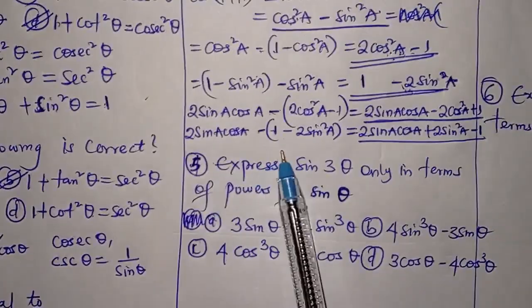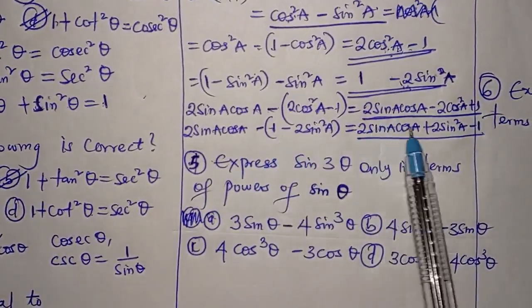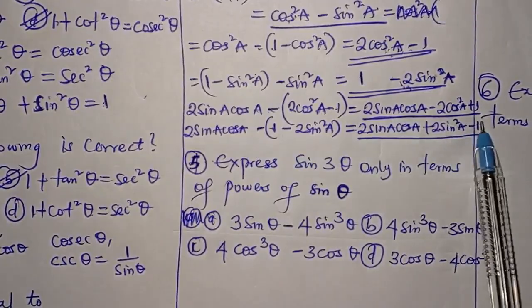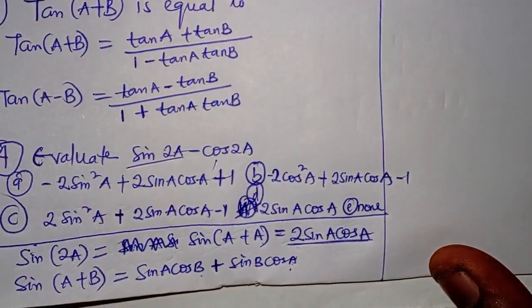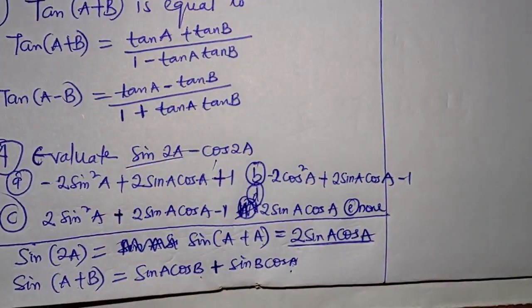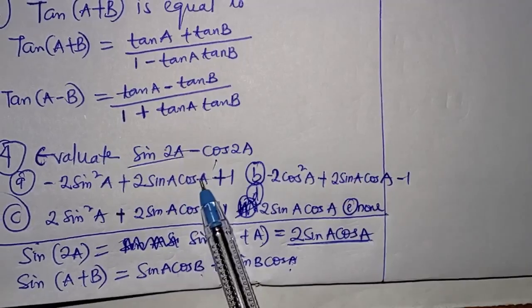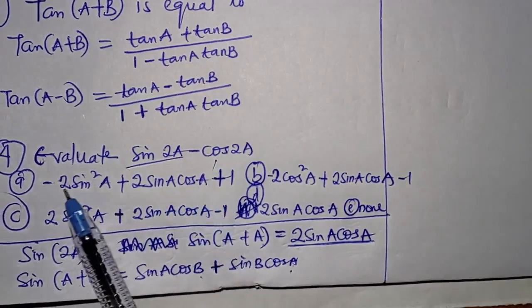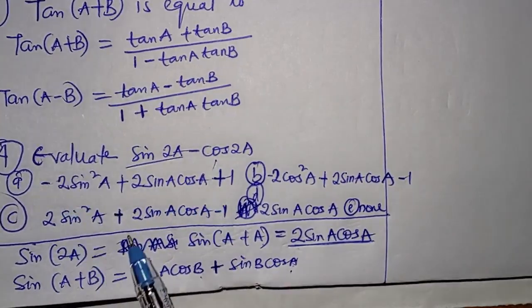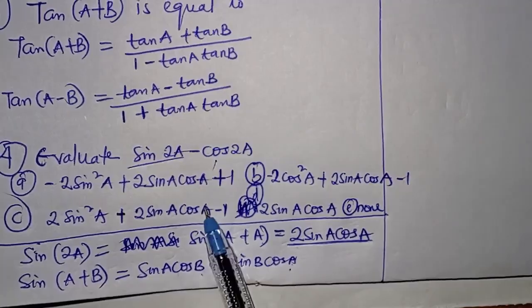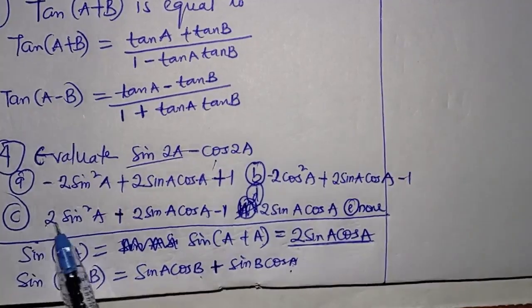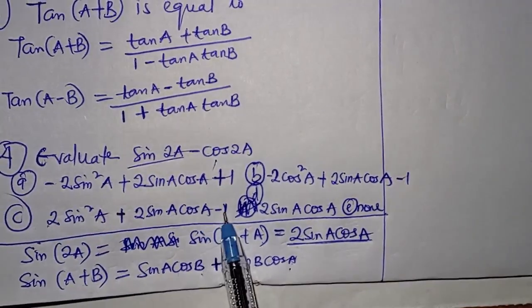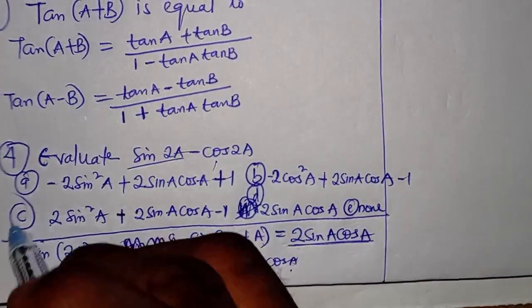It says 2 sine A cos A plus 2 sine squared A minus 1. This is plus 2 sine squared A minus 1. This is the correct option.